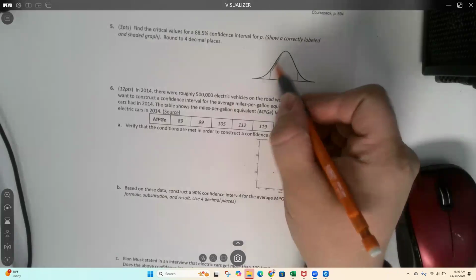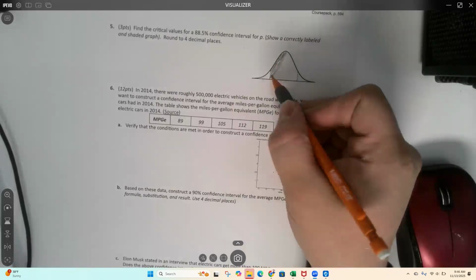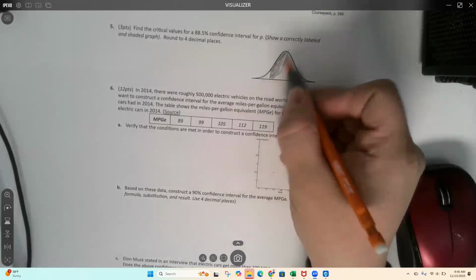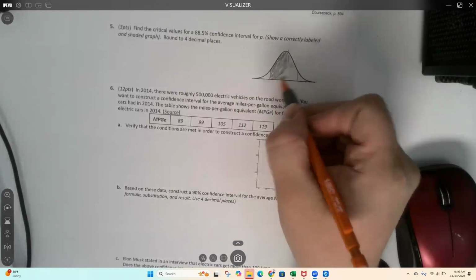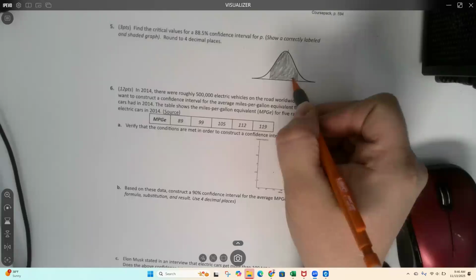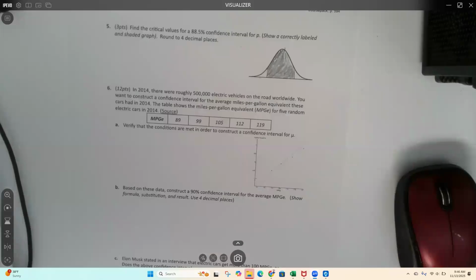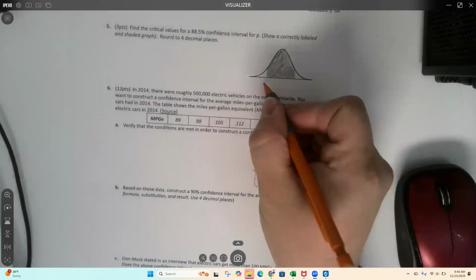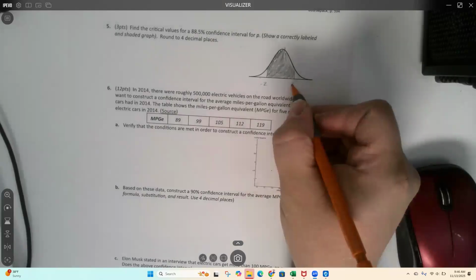But for our case, we want to shade in 88% of the area under this curve here. So we'll find our z value here, our negative z and our positive z values.